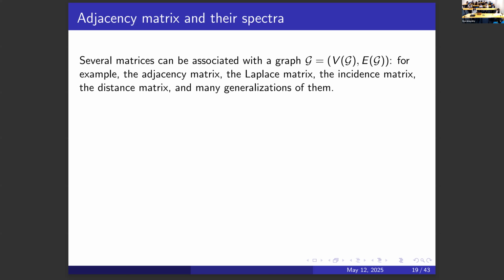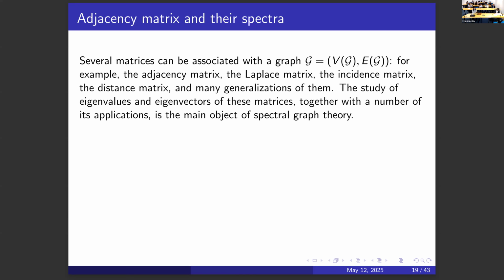There's the Laplace matrix, impedance matrix, distance matrix, a whole bunch of matrices you can identify with it, and many generalizations of them. So the study of eigenvalues and eigenvectors of these matrices, together with their applications, is the main objective of spectral graph theory, which is what we were trying to find applications for.